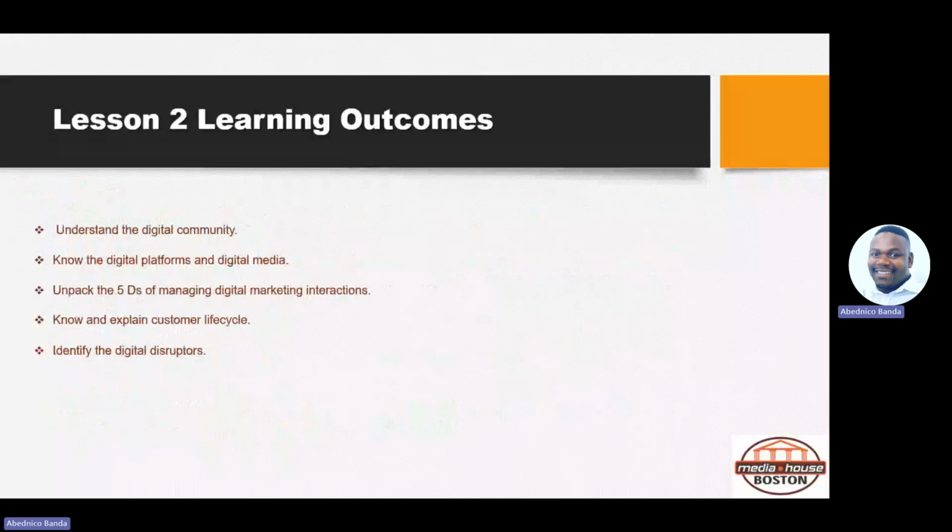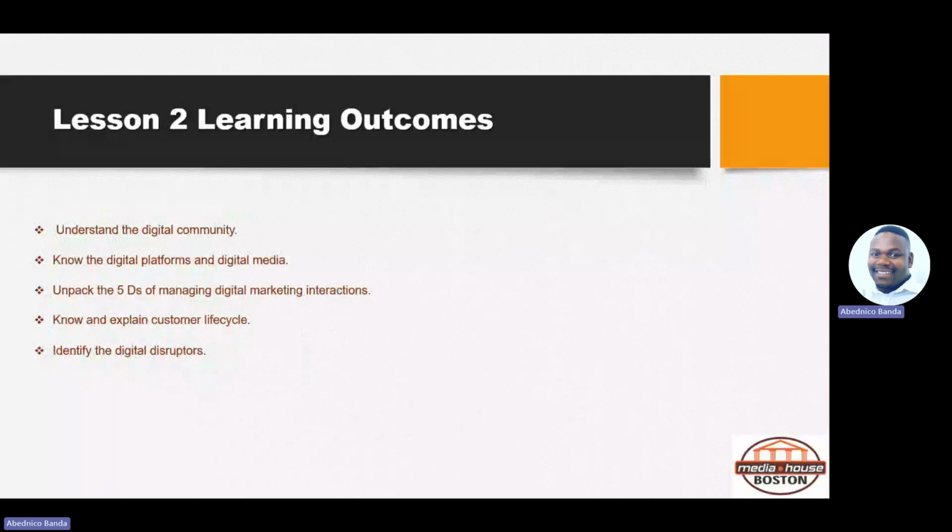But the learning outcomes for this lesson, before we look at what digital marketing is all about, we need to understand the digital community, because without the digital community, there is no digital marketing, because the practice of digital marketing takes place in the digital community.